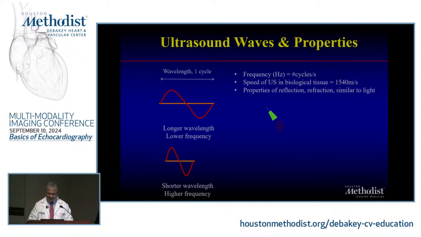Okay, that's why we send bursts. Now, once you send a burst against a certain surface, what happens to it? Just like light, at a certain angulation, some of it is refracted, so it goes further down, and some of it is reflected, and usually at a symmetrical angle.